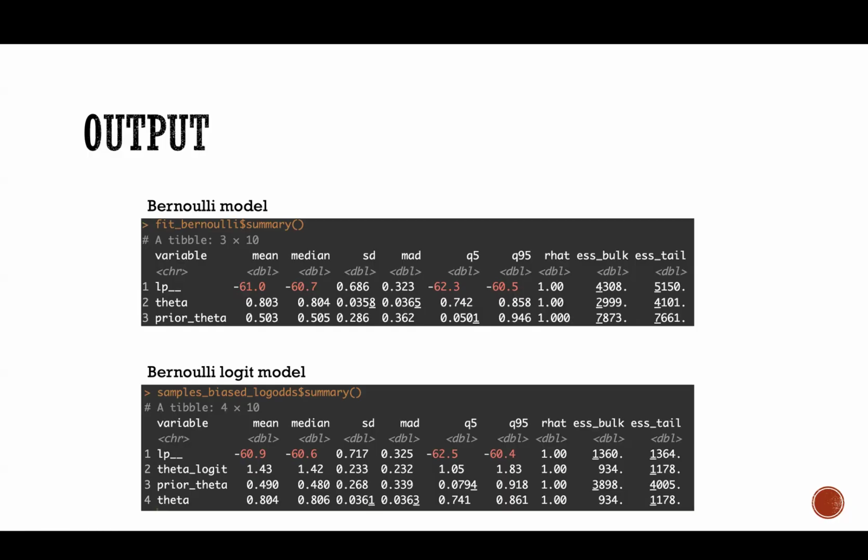And then we have the theta that we generated by doing the inverse logit on theta logit. You can see that I haven't updated these outputs, so I need to do that because it should be theta p. So it's the estimated 0.8, and here it goes from 0.74 to 0.86, which is really indistinguishable from above.